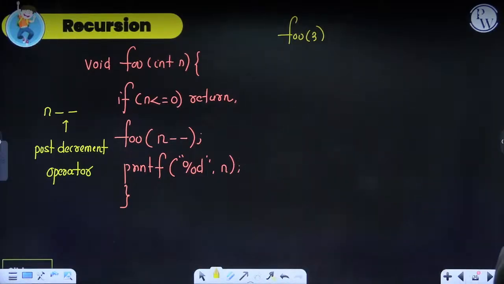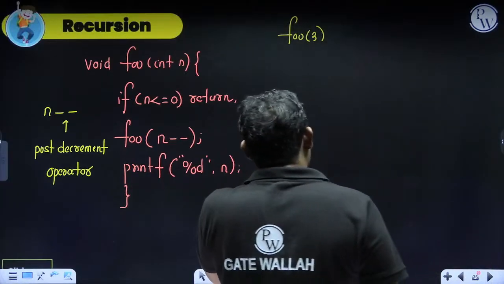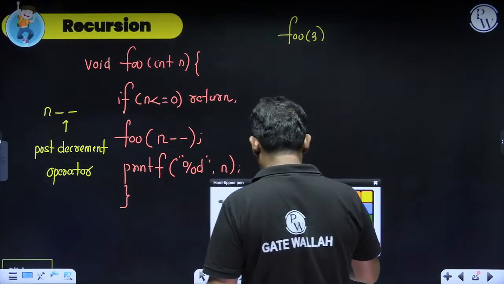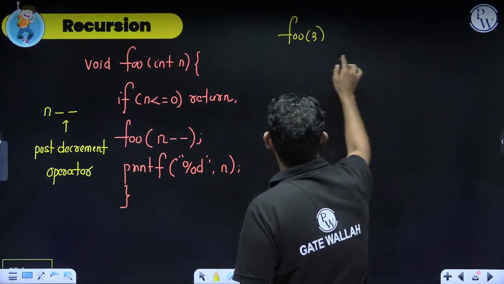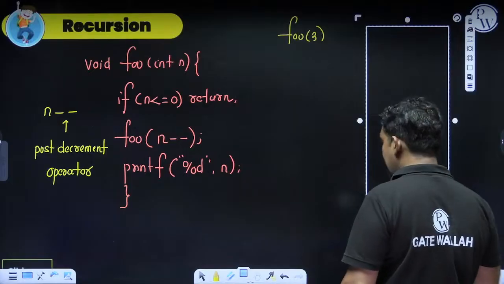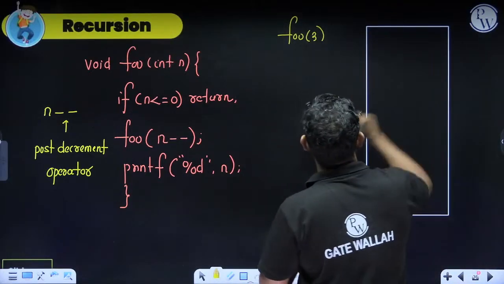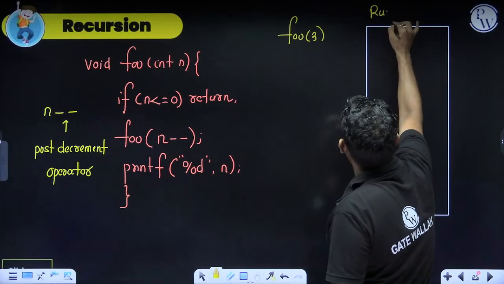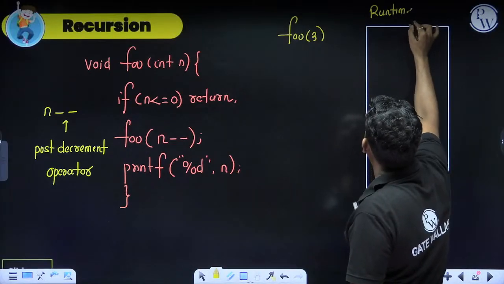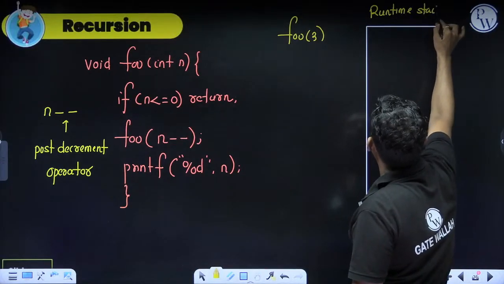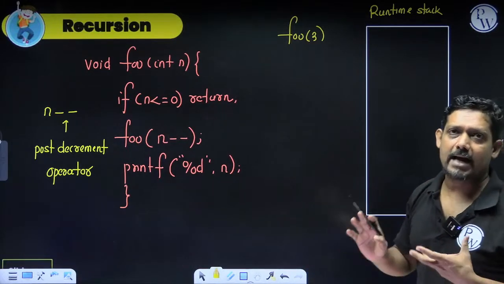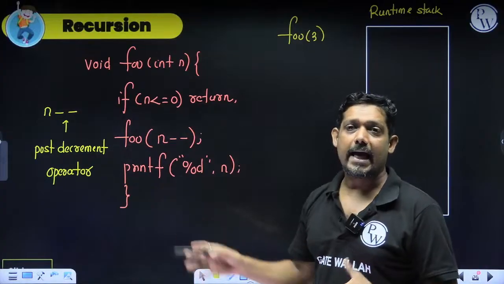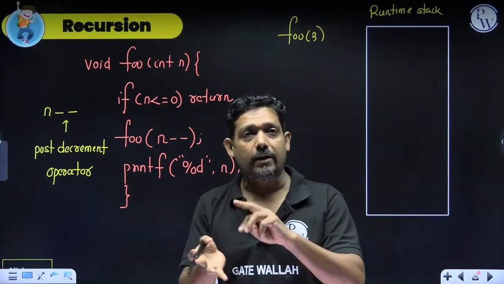So now, what is the error code 139? Two things we need to figure out. If you have any understanding of the system, you will identify that the system itself has a runtime stack in main memory. Whenever you do a function call, the runtime stack is responsible for execution of functions and recursion.